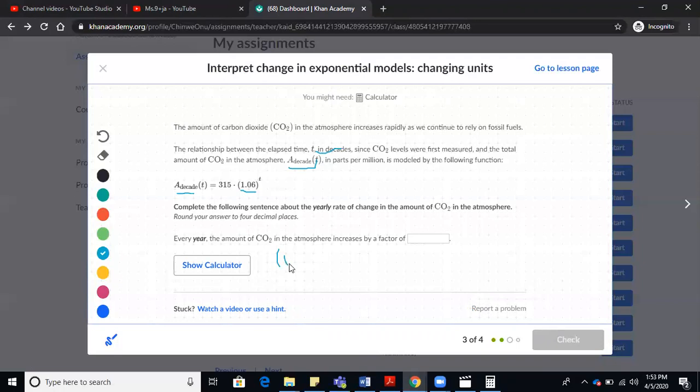So notice the difference from going from decade to years and year to decade. For year to decade, you're increasing, so you're going to raise it to the 10th power. For decade to year, you're decreasing, so you want to raise it to the 1/10, okay? So I'm raising this to the 1/10. And if you don't understand, you can always use your hands or watch a video.